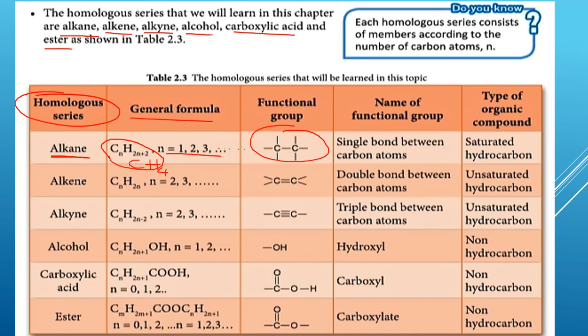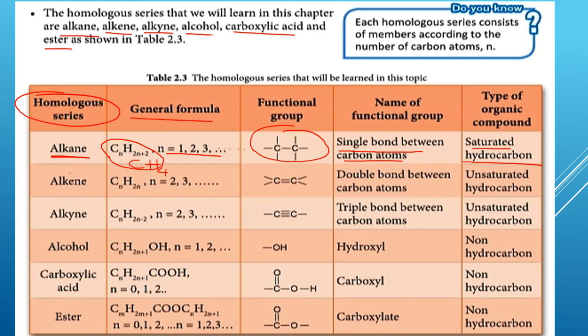The name of the functional group is single bond between carbon atoms. And the type of organic compound is saturated hydrocarbon. So remember, saturated only contains single bonds between the carbon atoms.